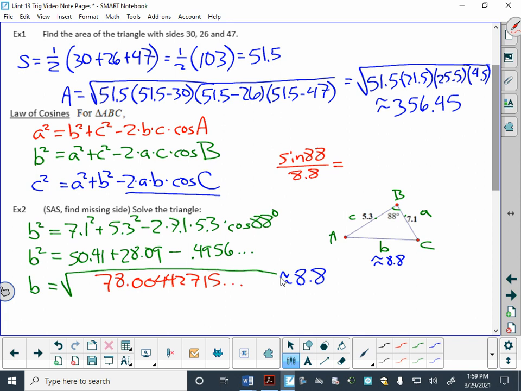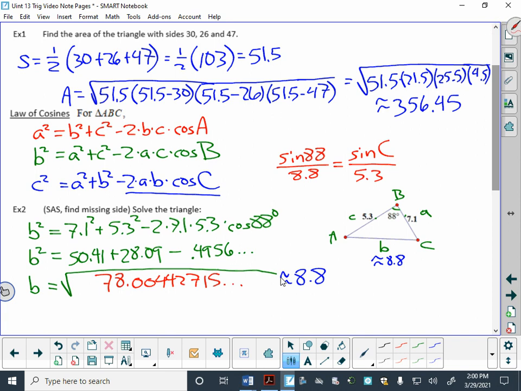And I'm going to find angle C next. I always want to find the smallest angle if I can. That makes sure that I don't run into the case where the inverse sine is not able to give me the answer that I want.